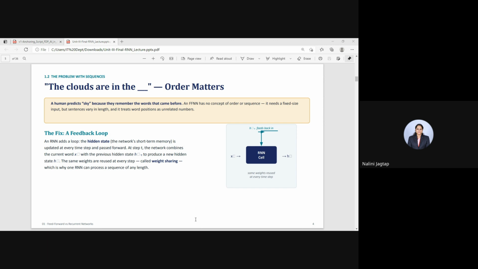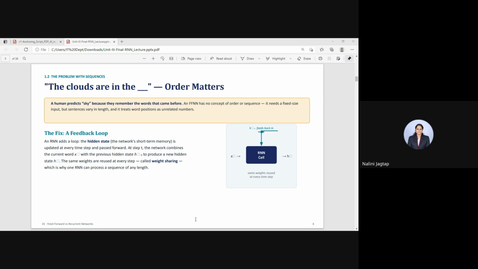Also, sentences are not all the same length, but feed forward neural networks require a fixed-size input. So there is no natural way to feed a 5-word sentence and a 50-word sentence into the same network without awkward padding or truncation. This is precisely the gap that recurrent neural networks were designed to fill.